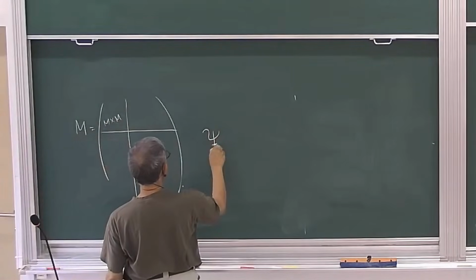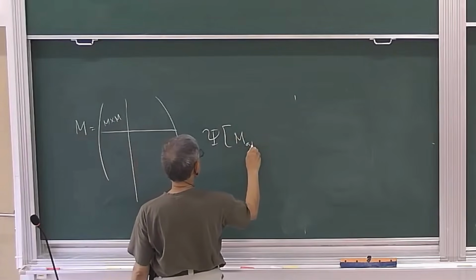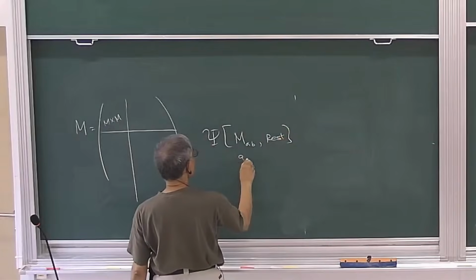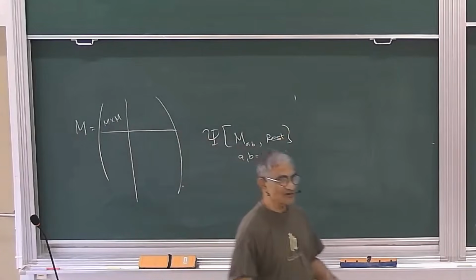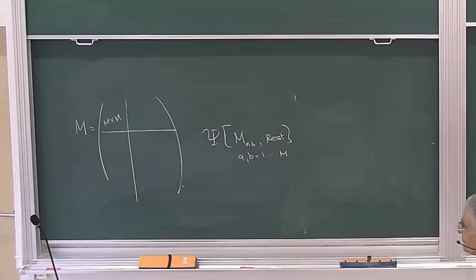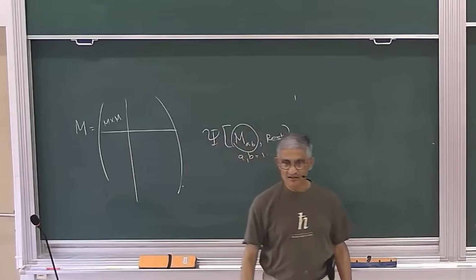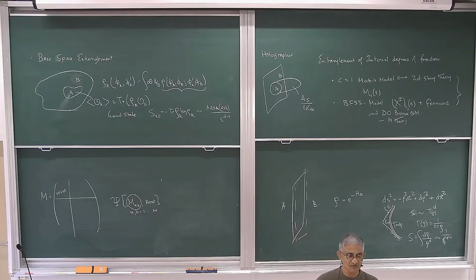Namely, I have a wave function which is a function of the block and the rest, with a, b running from 1 to M. And for any operators which you make out of these things, I'll start with the full wave function, integrate over the rest, obtain a reduced density matrix, and that reduced density matrix will give you this.